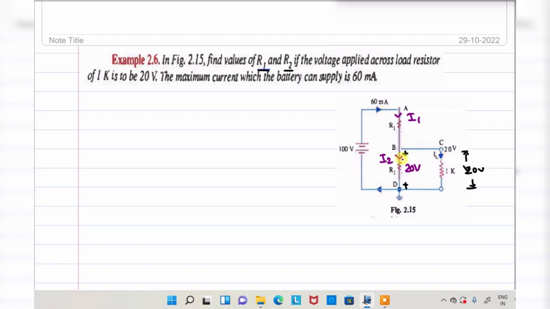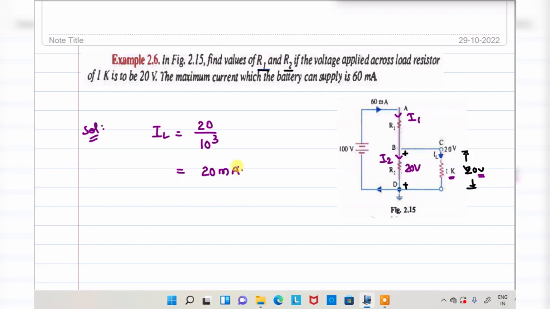You need to find this current. Voltage and resistance, you can find the IL current. I is equal to V by R. V is 20, R is 1K, 1 into 10 power 3. That will be equivalent to 20 milliamperes.